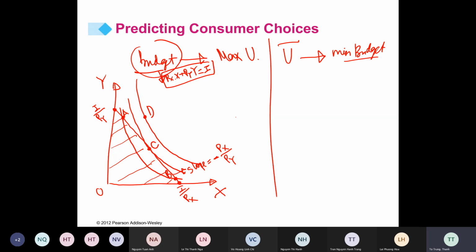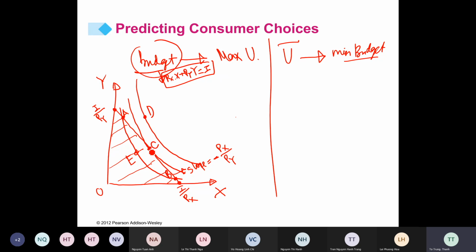So if you see this figure, you see that I cannot get the level of satisfaction at point D, right? Meaning that given the budget line, given the budget I have, I cannot get that level of satisfaction. Now for point A and point B, I can get the level of satisfaction at point A and B, and even point E, because A, E, and B lie in the affordable area.